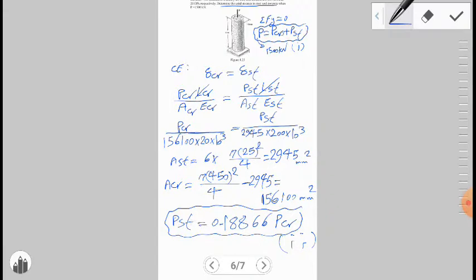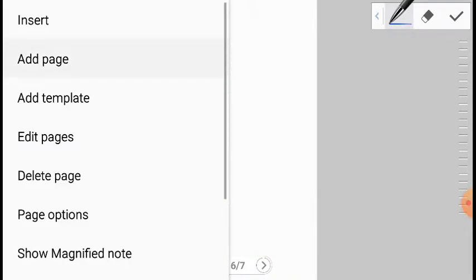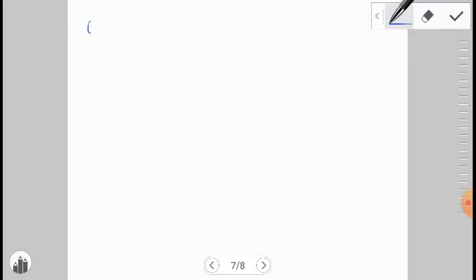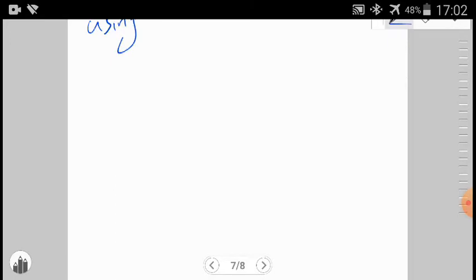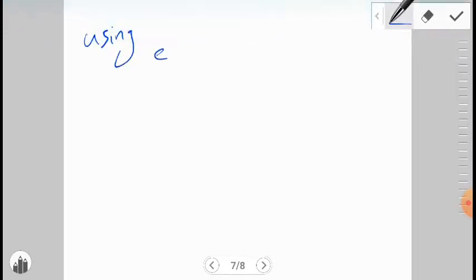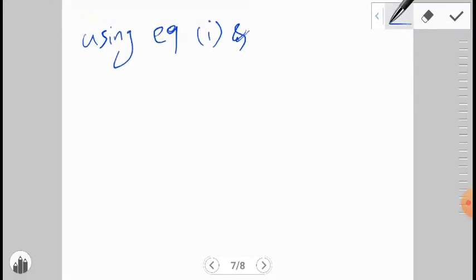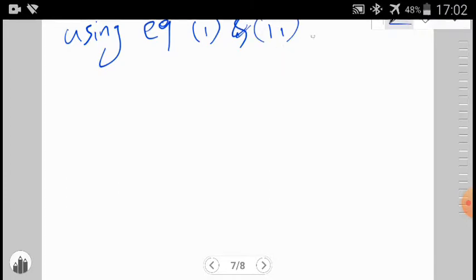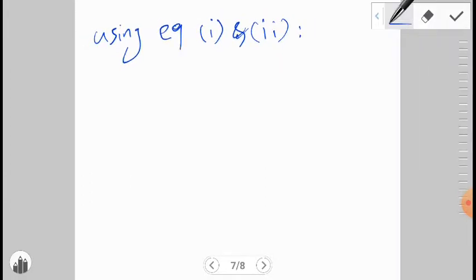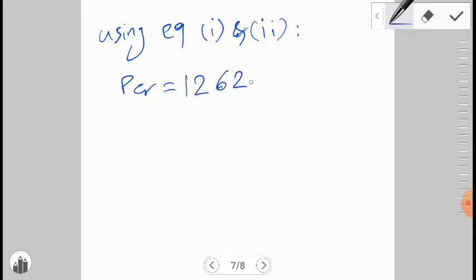If you put, for example, P steel is equal to this inside equation number 1, using equations 1 and 2, we can simply write P concrete is equal to 1262 kilonewton, P steel is equal to 238 kilonewton.